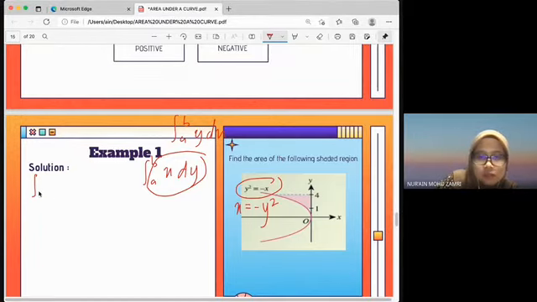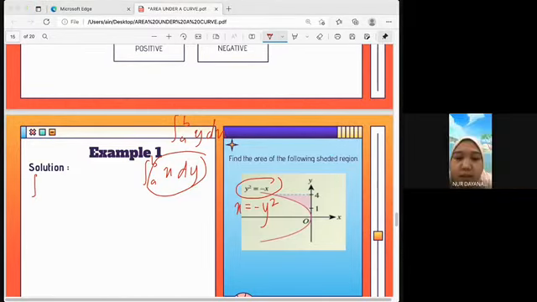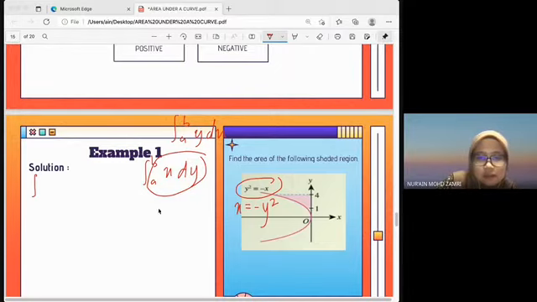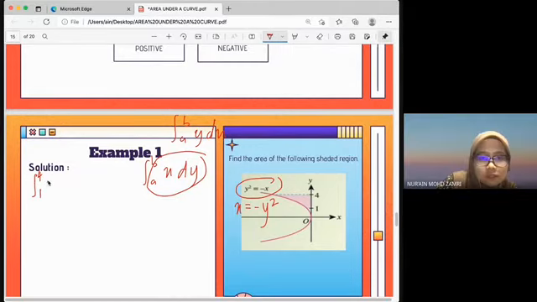So what is our lower limit? 1. Yes, correct. And the upper limit is 4. So the function of x with respect to y.